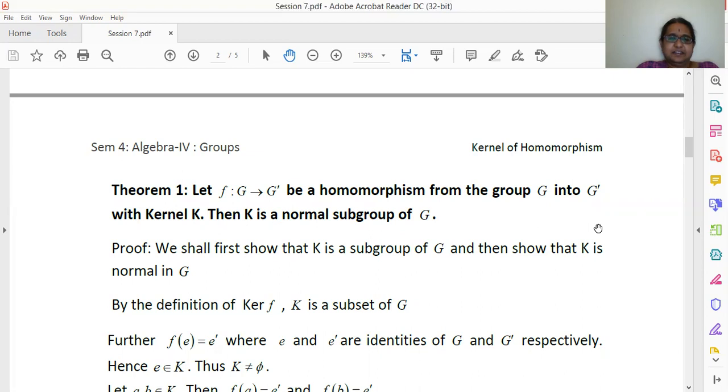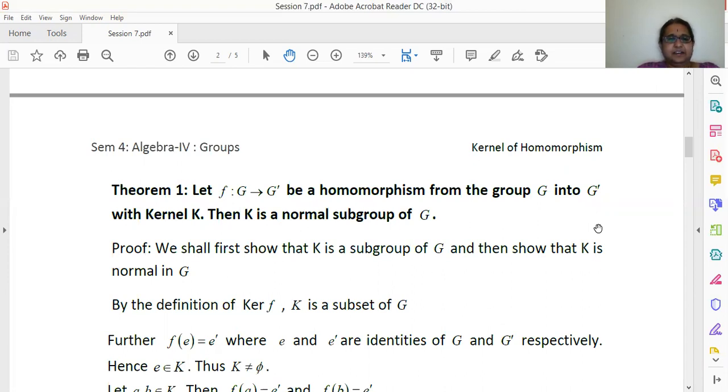The kernel F, as we have just defined, is the set of all x which belongs to the domain such that f of x is equal to the identity element of the codomain. Now, in this theorem, we have to show that K is a normal subgroup of G. We shall first show that K is a subgroup of G and then show that K is normal in G.